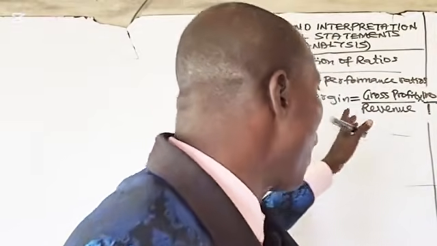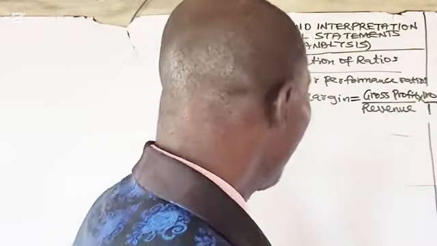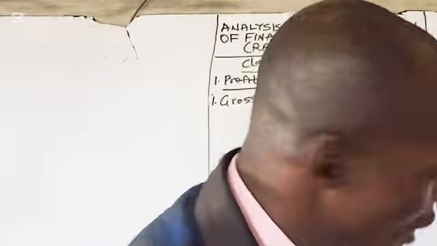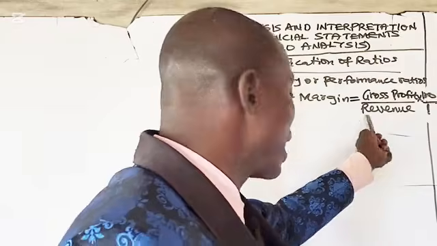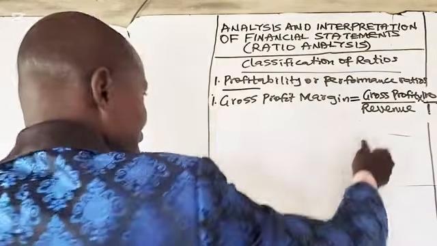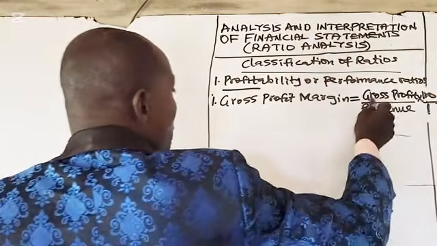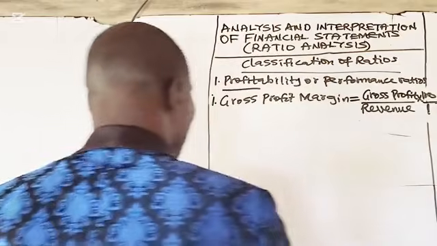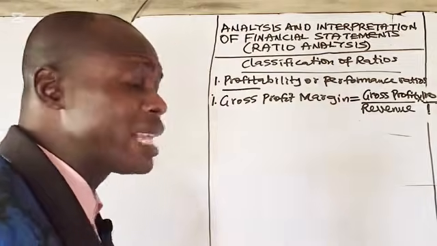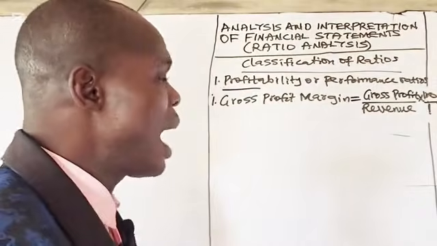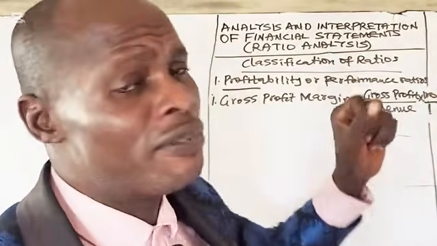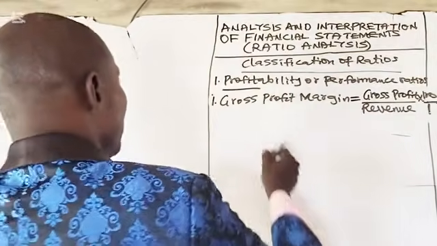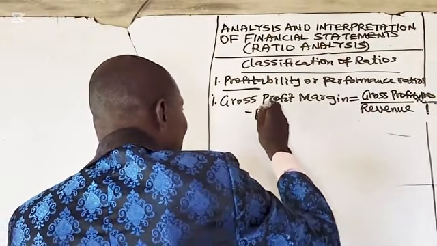There are a number of reasons why these ratios might rise or fall. Number 1, you have to look at the pricing strategies. If you want to look at the probable reasons why the gross profit margin might have risen or fallen, the reason could be pricing strategies.